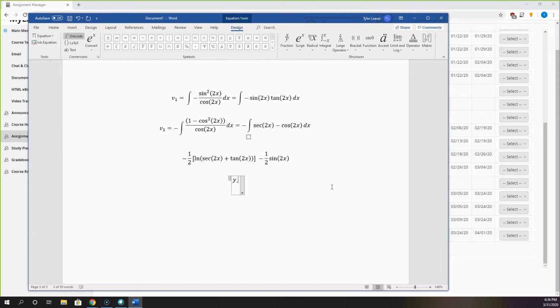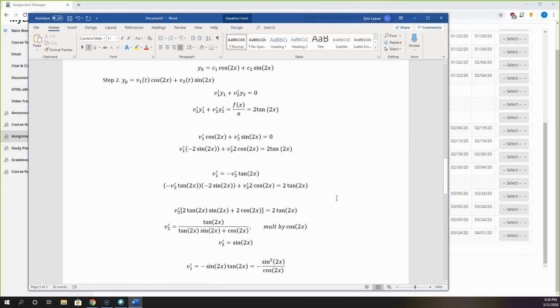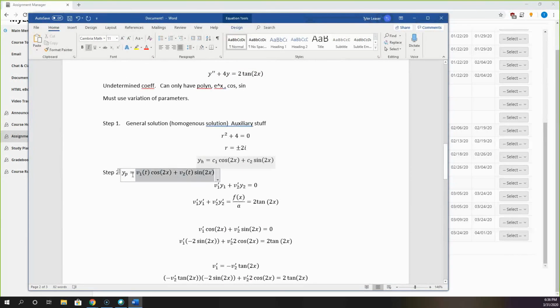So what that means is that the particular solution now is this awful looking v1. I'm just going to copy paste it. So this awful looking thing times, I'm going to scroll up. Remember that this was our particular solution here.